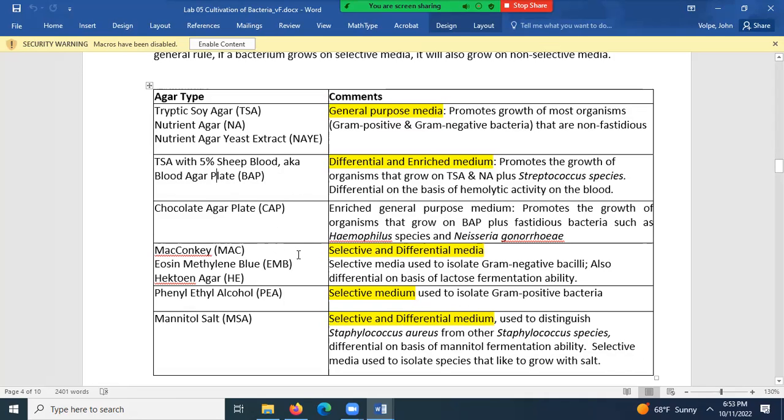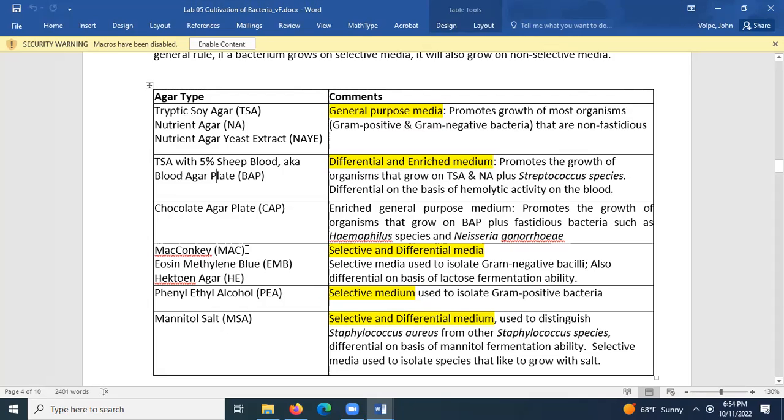For selective and differential media, we have MacConkey's agar or MAC, eosin methylene blue agar or EMB agar, and Hektoen enteric agar or HE agar. All 3 of them are selective and differential media. They're all 3 the same, meaning they're selective for gram negatives, and then they're differential on the basis of lactose fermentation.